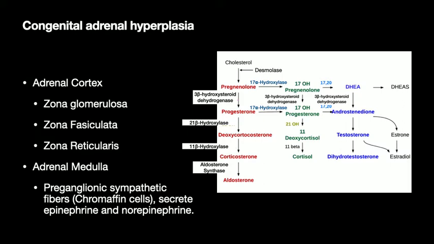The glucocorticoid pathway results in the production of cortisol, which is a stress hormone. It causes increases in blood pressure by upregulating alpha 1 receptors in the arterioles. It causes increased insulin resistance, increased gluconeogenesis, lipolysis, and proteolysis. This is due to the fact that during stress, cortisol increases the amount of glucose that's available for the brain.